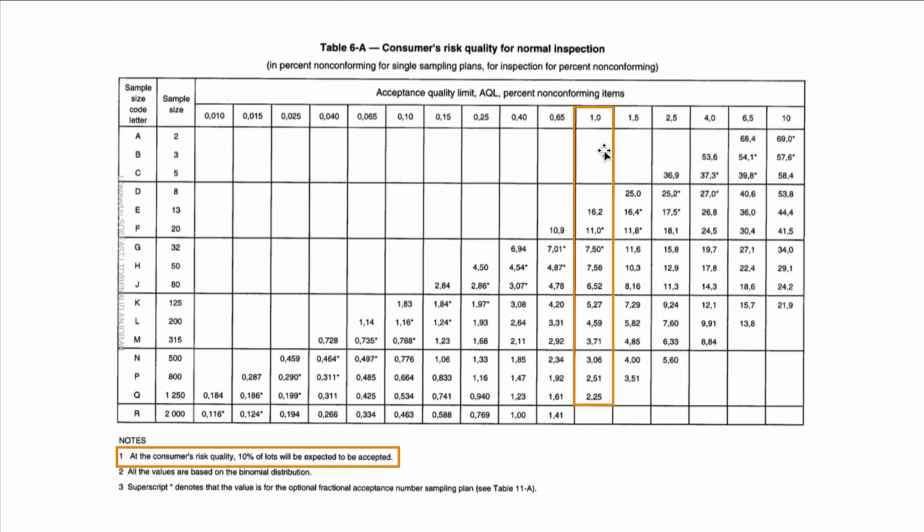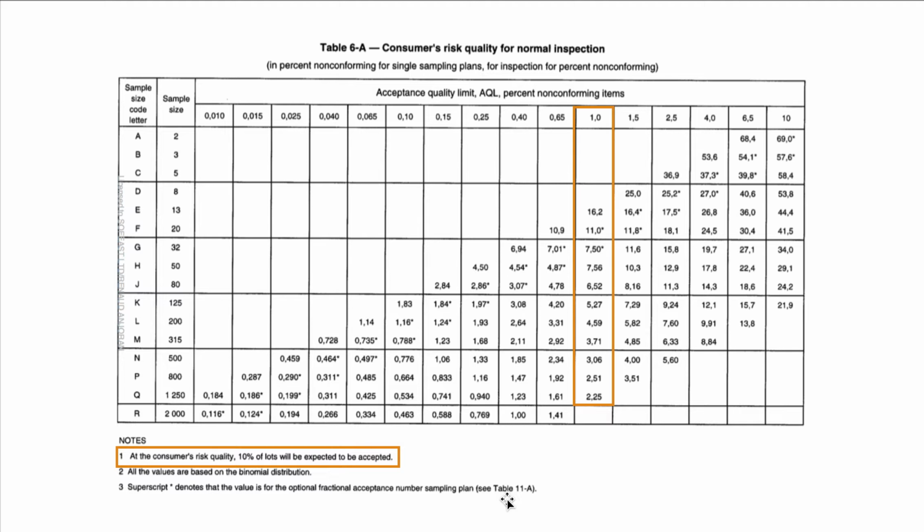Actually, the standard even includes this. Let's say your AQL limit is 1.0, meaning you don't want more than 1% of defects in the batch. And let's say you go with an inspection of 200 pieces. Well, you might accept a batch with up to 4.59% of defects, up to 10% of the time.